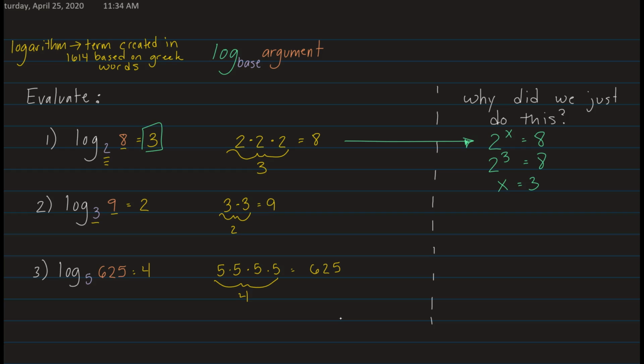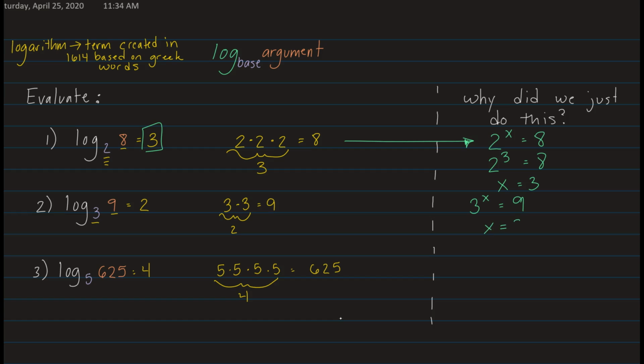On number 2, another way to write this is 3 raised to the power of x is equal to 9. What does that exponent need to be in order to have 3 raised to it equal 9? Well, here 3 raised to the power of 2 is 9.